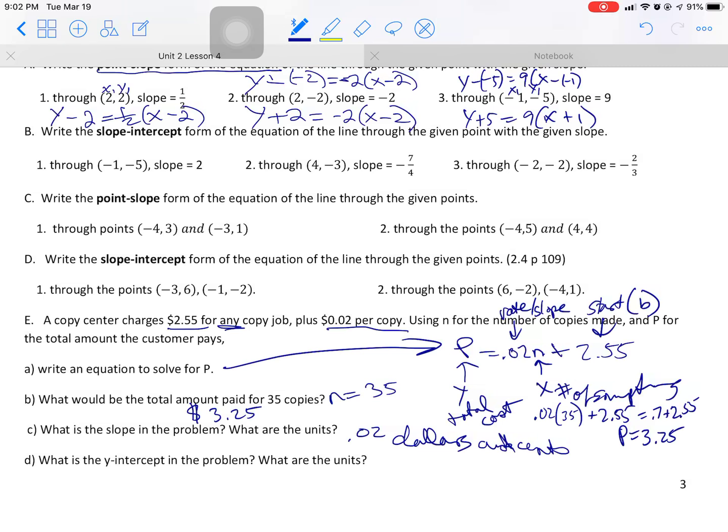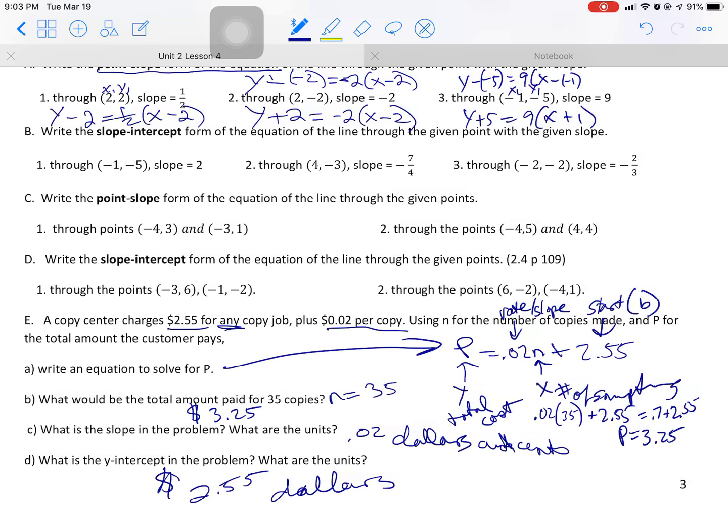The y-intercept in the problem is the b, which is the start, which is $2.55. What are the units? Oh, they're dollars. Dollars, or dollars and cents, however you want to say that. But that's the b. Okay?